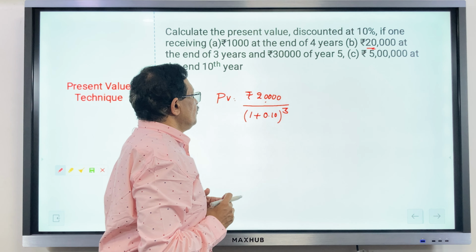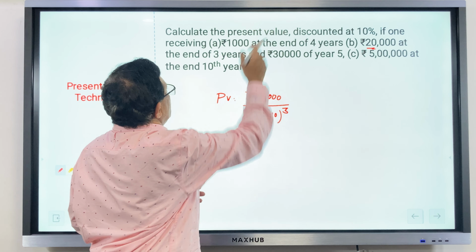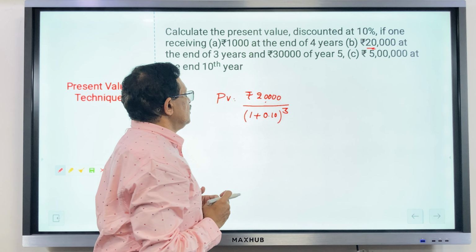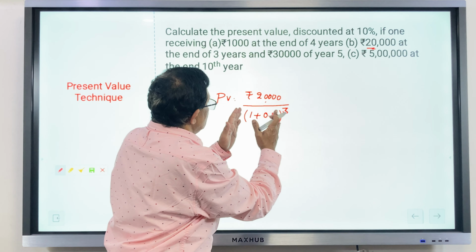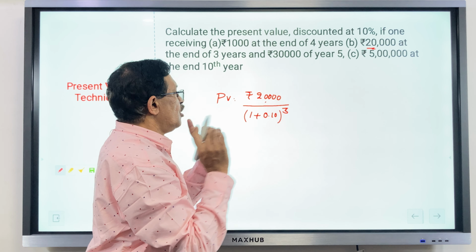N is going to be 3. The interest rate is 10%, that is, the discount factor is 10%. This is the present value for the first amount.